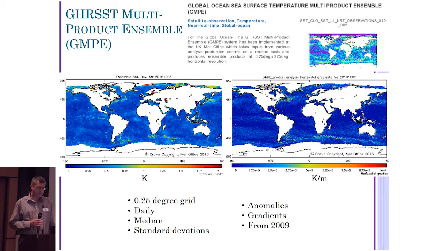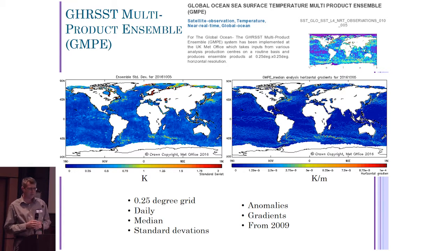Another product that's provided on a global grid is the GHRSST Multi-Product Ensemble. This takes level 4 analyses produced at different centres around the world, and they each get put onto the same quarter degree grid, and there's median and standard deviations of those analyses provided, and also anomalies and gradients, which is the plot shown on the right here.